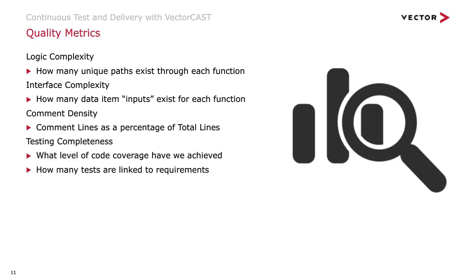Comment density. So some comments are, of course, helpful in any piece of code in any situation, but despite having the goal of having low logic complexity, there might be a piece of code that just inherently has to be difficult. It's a very complicated algorithm. This code is going to be hard to write, hard to understand. It's going to be a very complex piece of code.